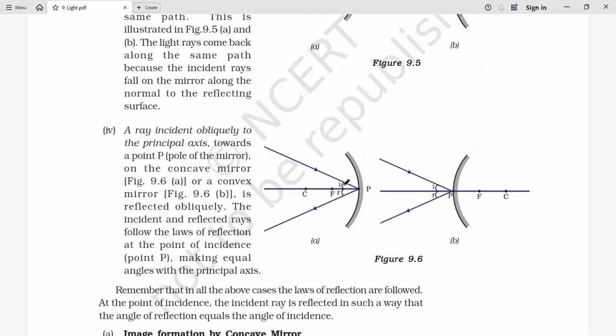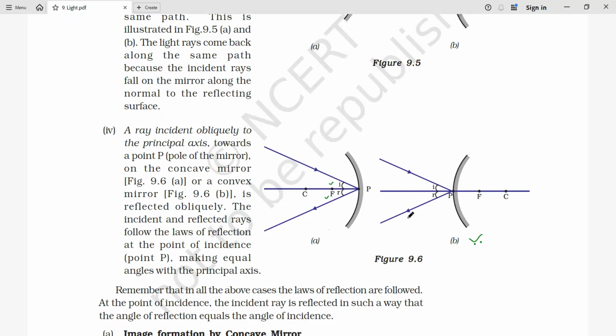Now here, if it falls on the pole, it is reflected back with the same angle: angle I should be equal to angle R in case of concave mirror. Similarly, in case of convex mirror also, angle I should be equal to angle R.